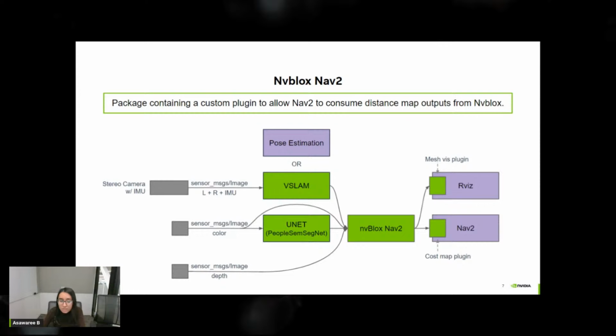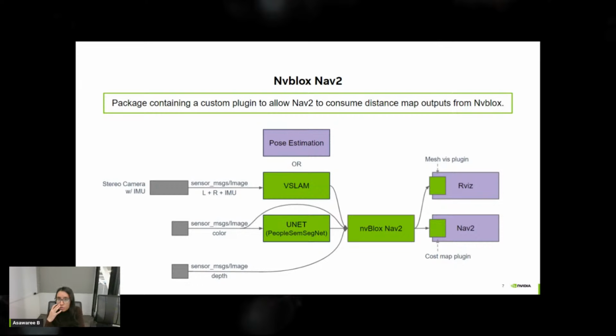Just like that, another useful package is the Nvblox RViz plugin. This just creates a colorized 3D mesh, which can be visualized in RViz. Nvblox then streams these mesh updates as the map keeps changing to RViz in real time, such that the reconstruction is updated as it's built.